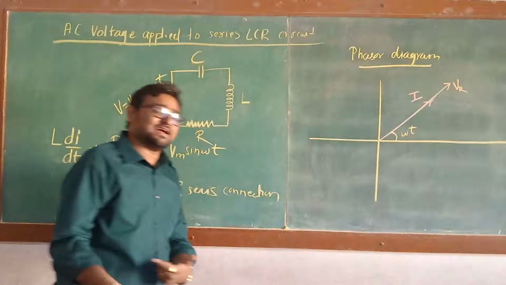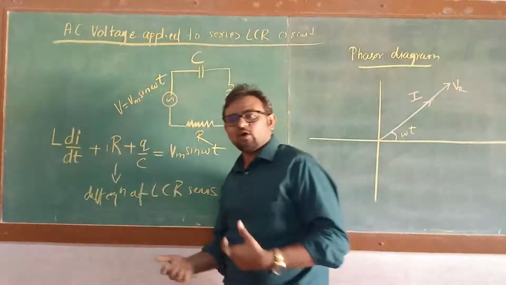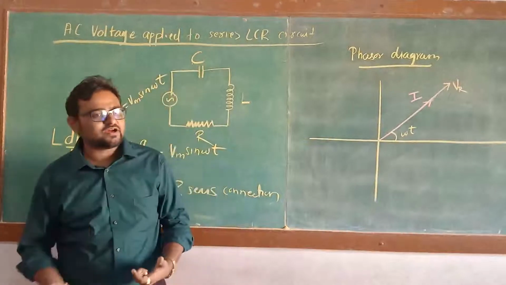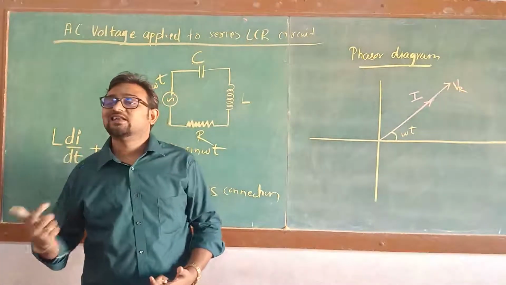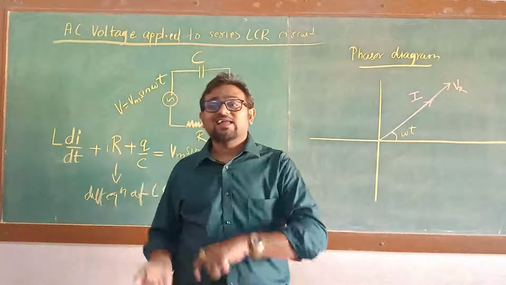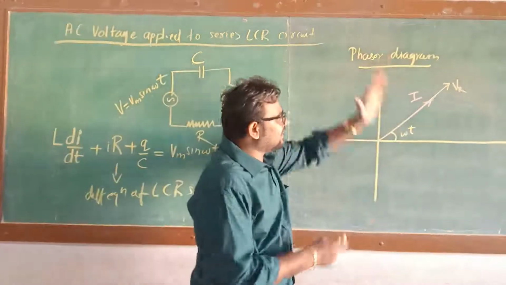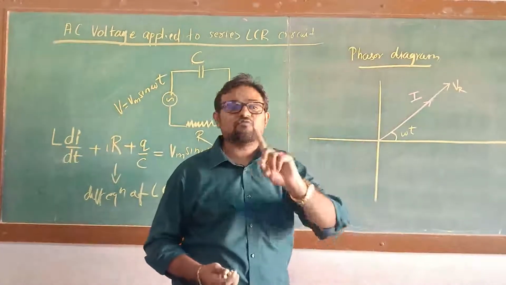Now if I take the inductor, what leads and what lags behind? In an inductor, voltage leads by a phase of pi by 2, or current lags behind by a phase of pi by 2. So the voltage will be ahead by a phase of pi by 2.